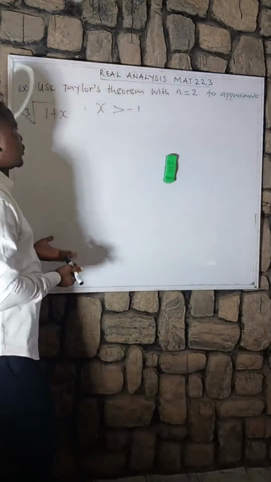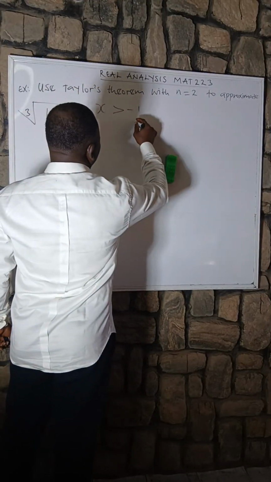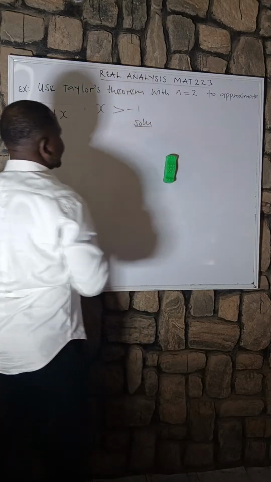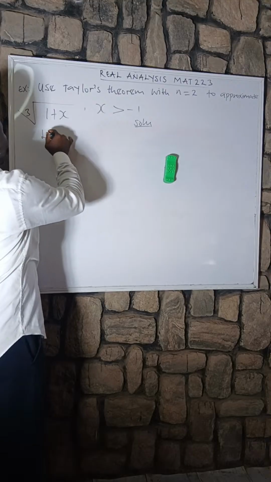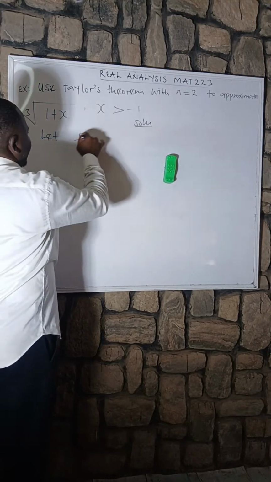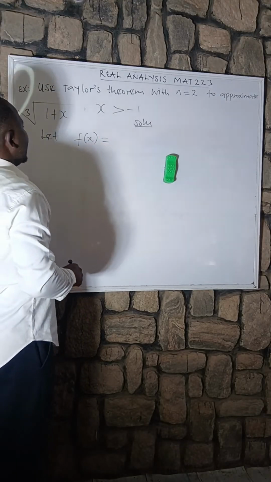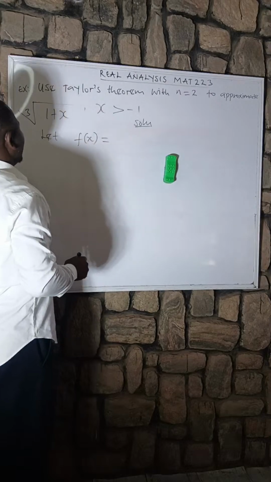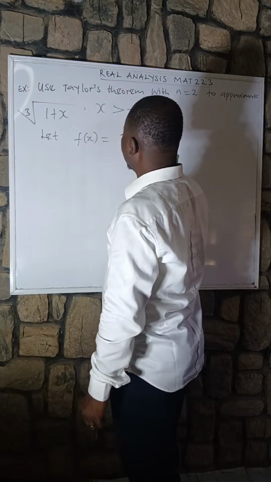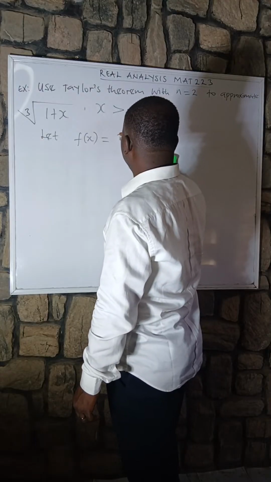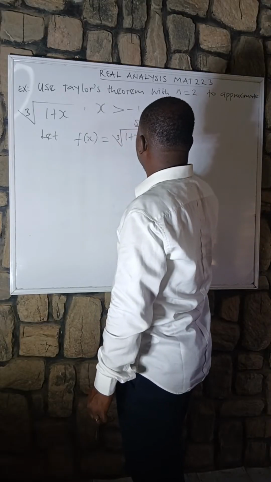So at first what we need to do is write a solution. We have to convert this. We now say let f of x be equal to the cube root of 1 plus x.